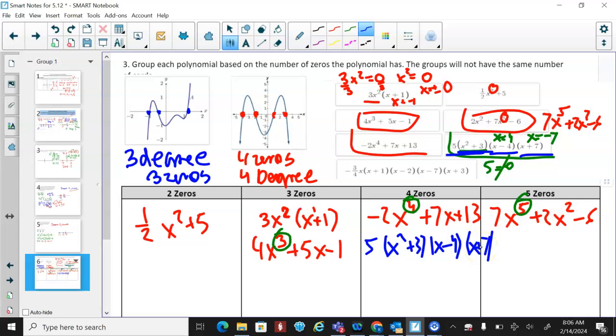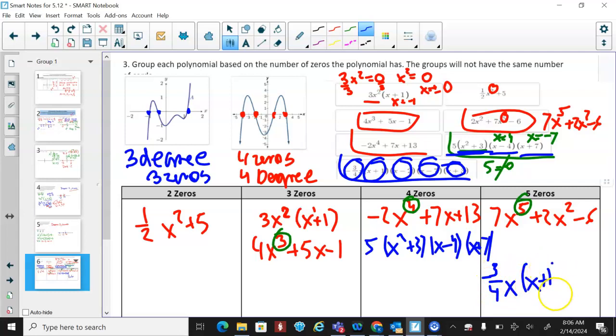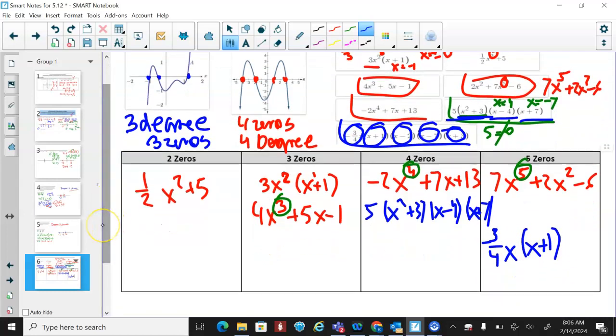And then the last one right here, how many x's do I have? Sometimes you can actually predict it by just looking at it. So I would have 1 x here, I will have 2 x's here, 3, 4, 5. So I would put it under 5 zeros, because if I set them all equal to 0, I'm going to probably have to write it on the bottom.